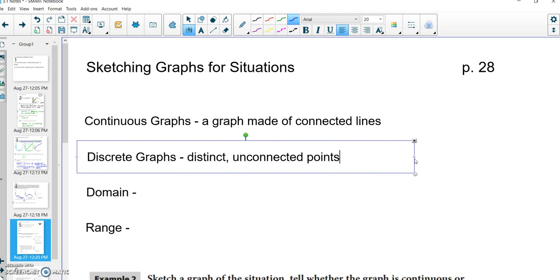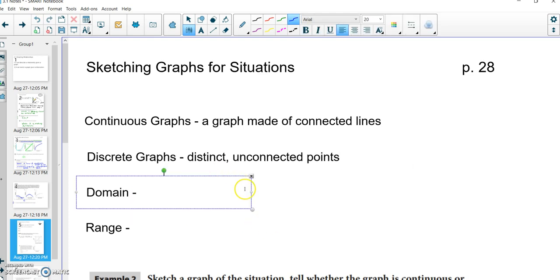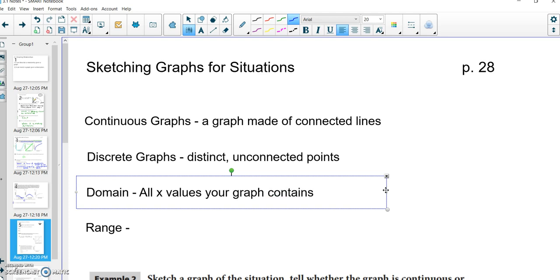So when we're looking at this, something else we're going to be asked to find is domain and range. And I know you guys have heard of those before, but we're going to go over that again here really quick. Domain would be, in terms of a graph, all of the x values your graph contains.